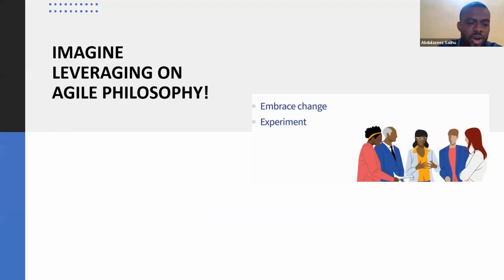In all this, how can we as Africans leverage on the Agile philosophy to move our continent to the next level? Imagine Africans leveraging on the Agile philosophy to embrace change and experiment.